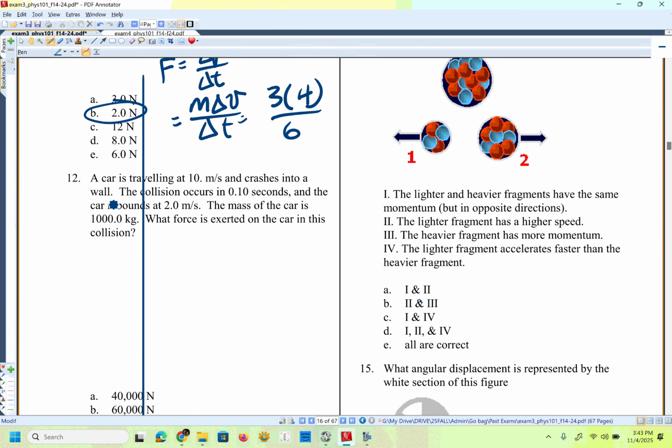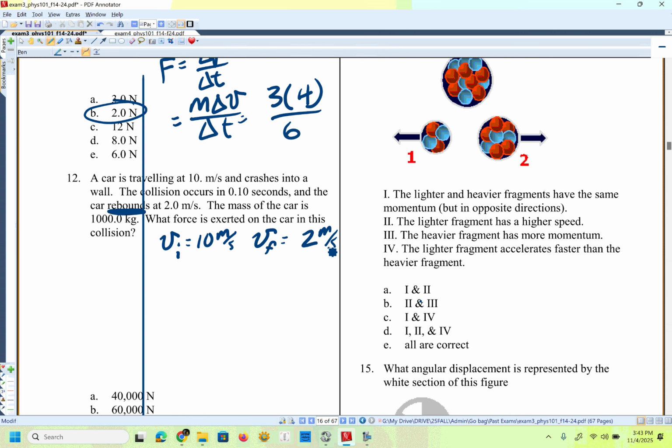It's a little more complicated because you have to be really careful about the sign of the velocity. So if you see a word like rebounds or goes in the opposite direction, it's really important that you get the signs correct. So here, VI is equal to 10 meters per second, but then V final is equal to 2 meters per second.